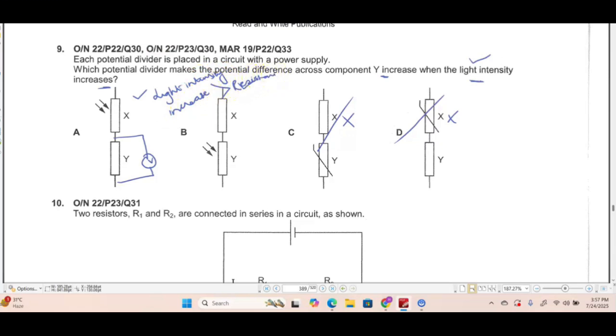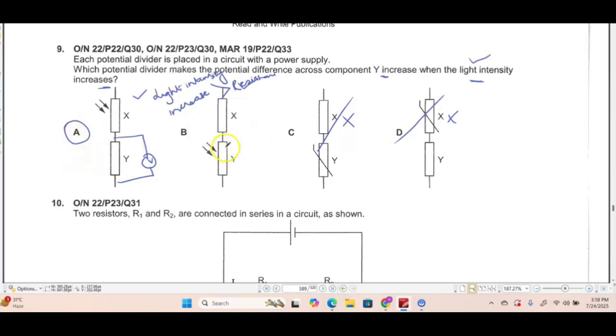If the resistance for this has decreased, the voltmeter reading across this component is going to increase. Obviously its resistance has decreased, so all the resistance goes to this one. So the voltmeter reading, more the resistance, more the voltmeter reading. So I think this is the correct option.